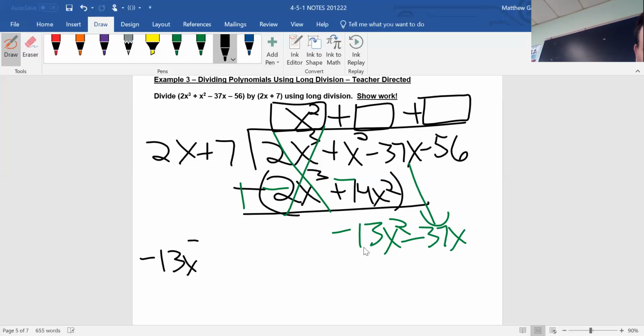So we're going to divide that by the first term in your divisor. Oh, I did something wrong here.